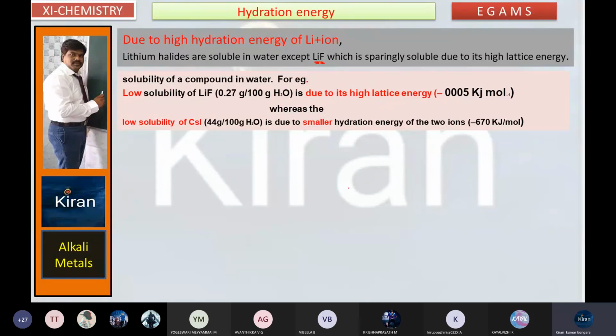Lattice: all sodium chloride crystals are termed sodium chloride crystals. This is the lithium fluoride ionic crystal. Ionic compounds exist in crystalline form. These crystals, different ionic crystals, have different shapes. That shape is what we term in chemistry as lattice. No confusion.